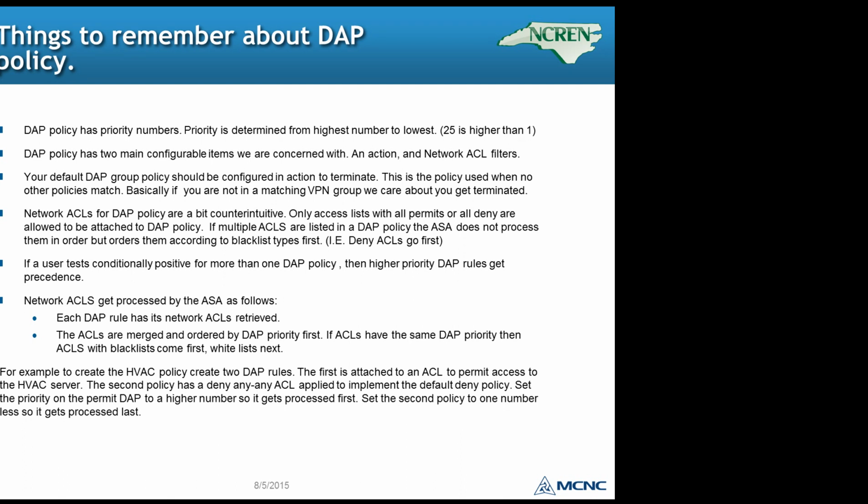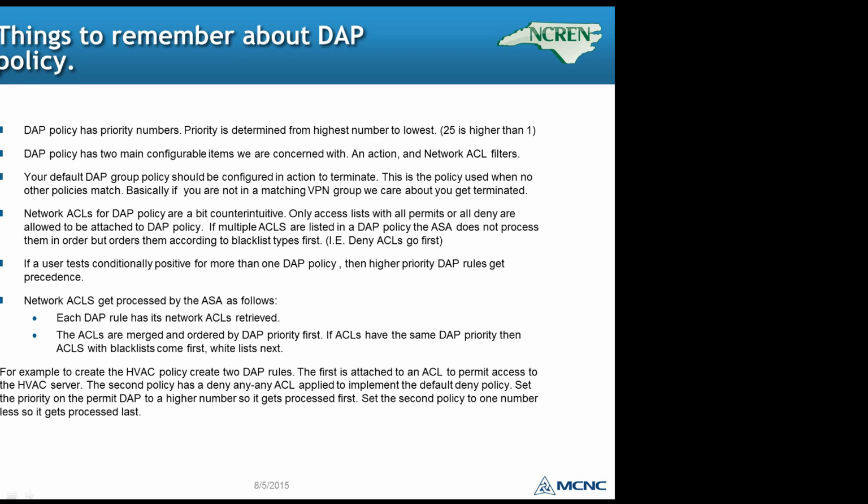Then the second policy is a deny any ACL, which is applied to implement the default deny policy. We're going to set the priority on the permit DAP rule to a higher priority number so that it gets processed first, and by setting the second policy to a lower priority number, we make sure it gets processed last.